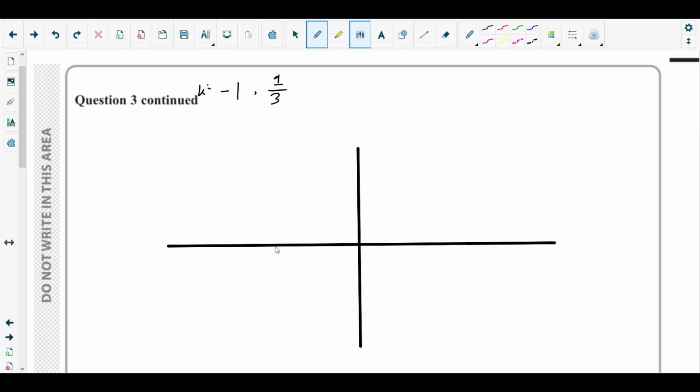So it comes from -1, goes to 1/3, and it should get steeper. It will intersect the y-axis at 0, 2, and then intersect the positive x-axis at 1/3, bounces back and goes up.